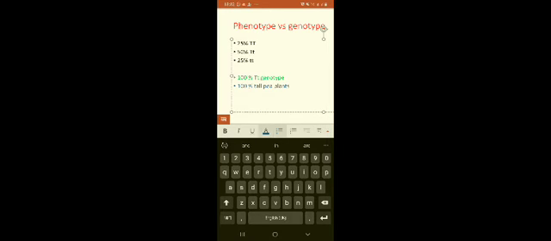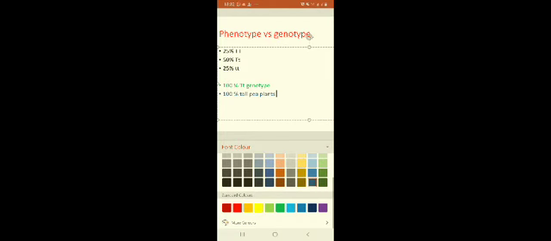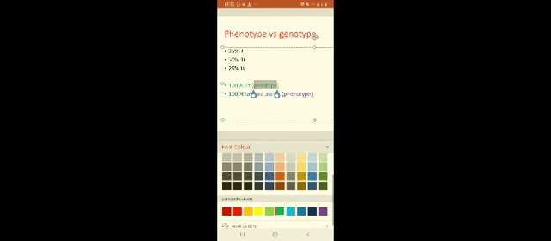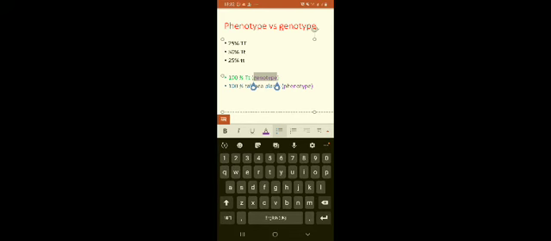That's the phenotype. And here we said is the genotype. Different colors so you understand my point. Okay, you can just leave it like that.